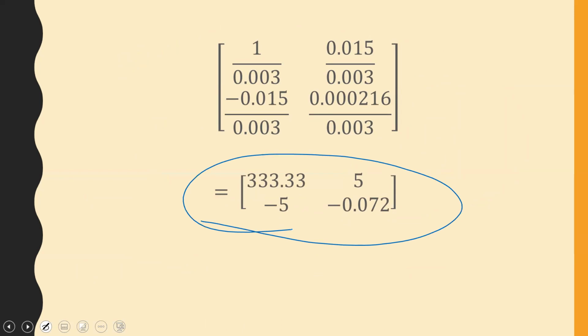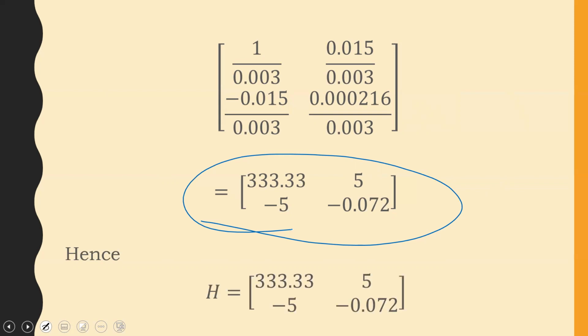So this would be the matrix, the parameters, the hybrid parameters. Any questions, students?